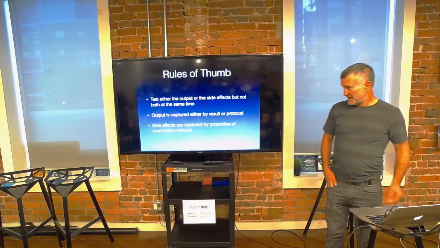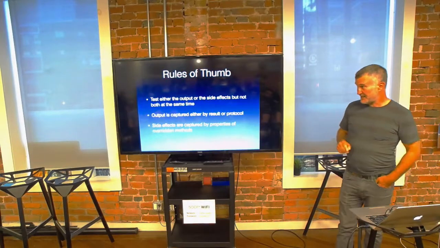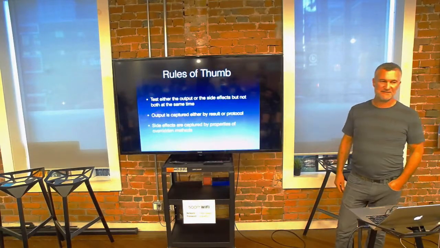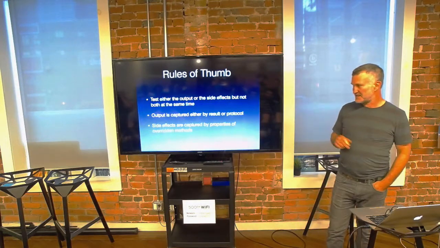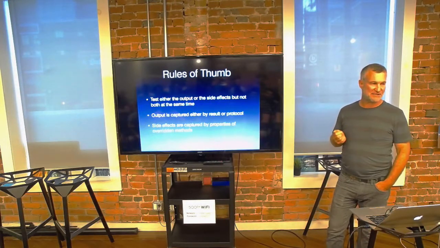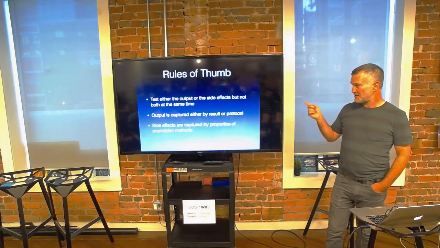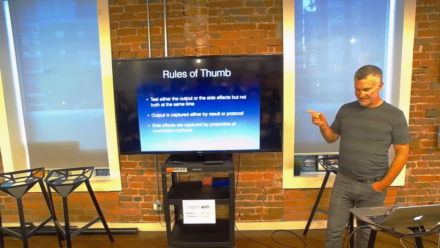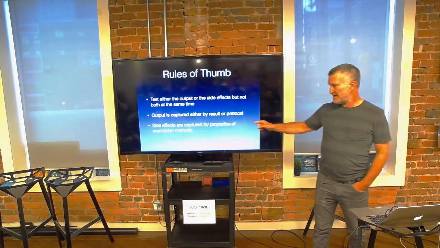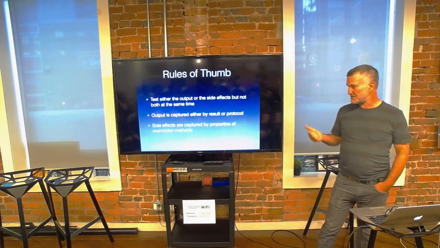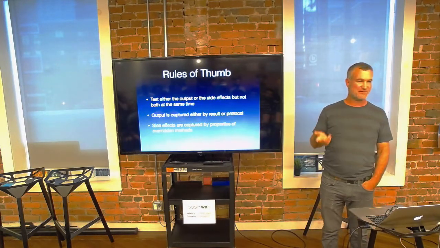So, you've actually heard this tonight already. This is a major rule of thumb of test-driven development. You have two things to test. You either have to test outputs, the other side of the inputs, or the side effects of a method, but not both at the same time. The output's captured by either a result or protocol. So a result is just a pure function.